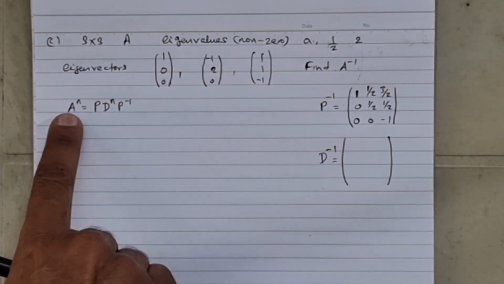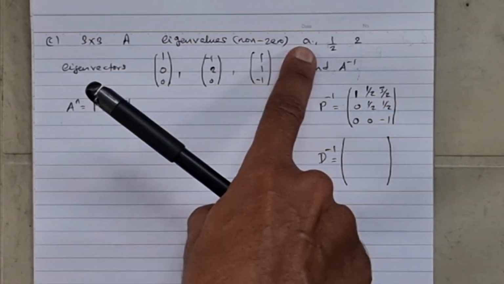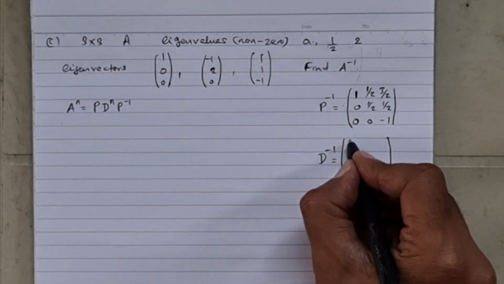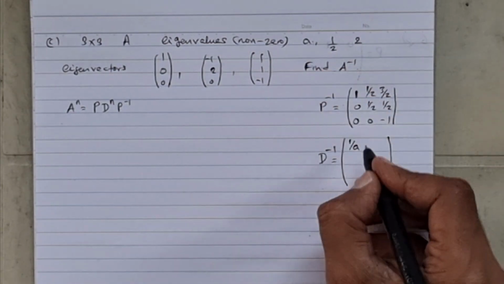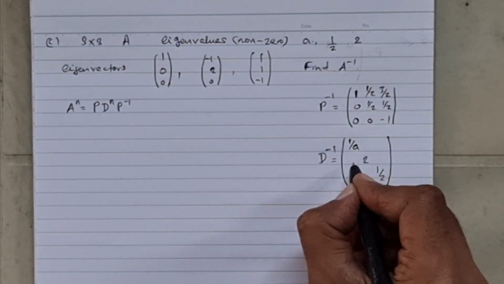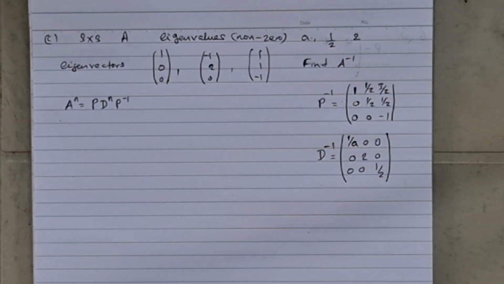Why? Because A to the power n corresponds to D to the power n. So the power is negative 1, and all of that is going to be the reciprocal of these. So this becomes 1 over a, and instead of half we get 2, and here it's half, with 0s elsewhere.